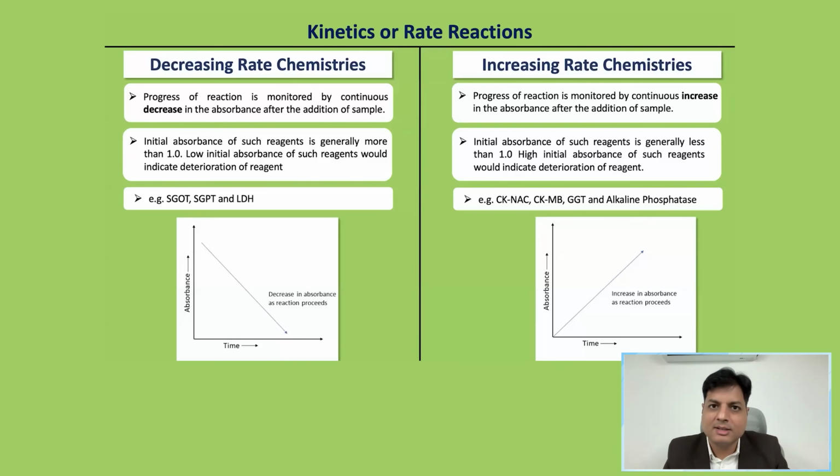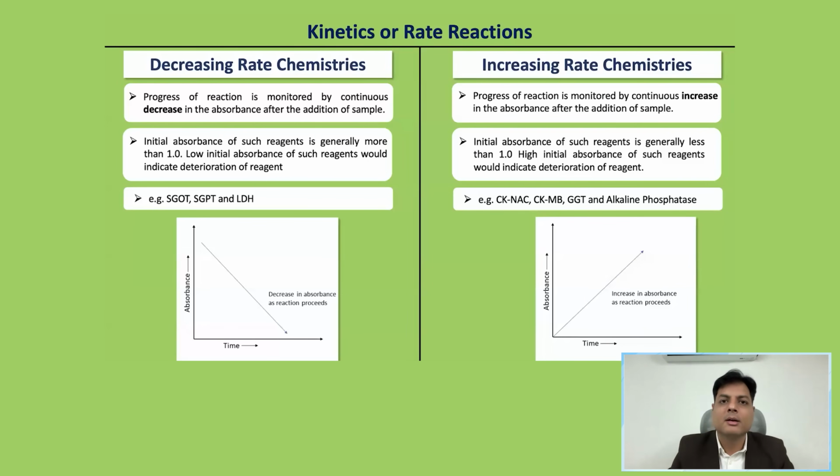On the contrary, if we are not measuring the substrate consumed per minute, then we are measuring the product formed per minute. When we measure the product formed per minute, naturally, the first OD or the first absorbance will be lower and the second absorbance will be higher than the first absorbance.